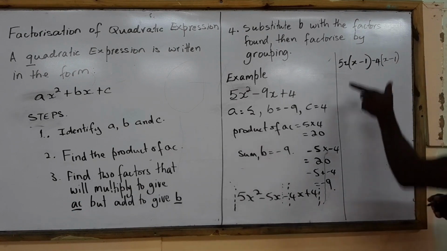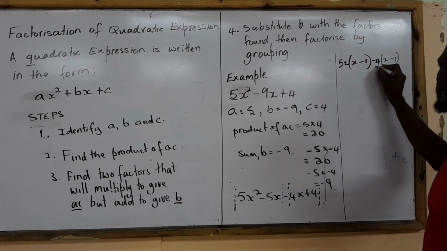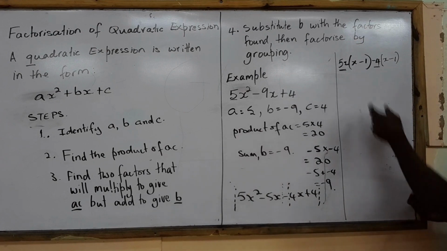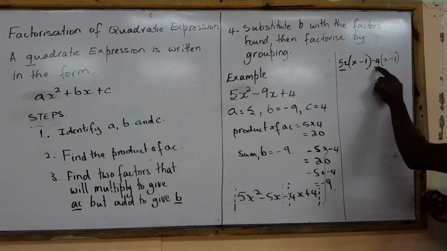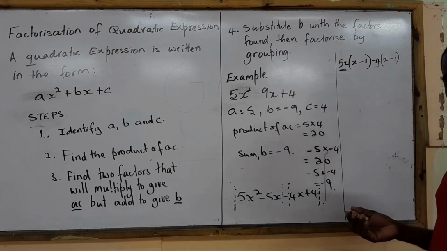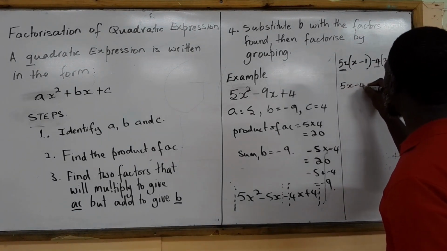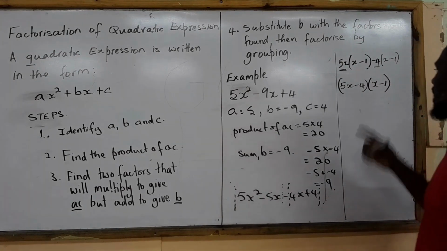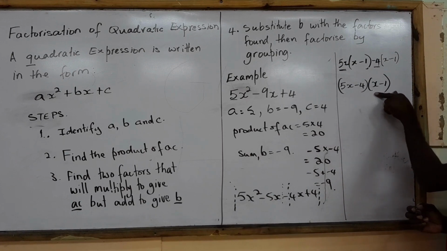So here now what we can do is to simply take the negative 4 and the 5x and group them, because if 5x is multiplied by x minus 1 and negative 4 is multiplied by x minus 1, then both of them are multiplied by x minus 1. So we could say 5x minus 4 multiplied by x minus 1, and here we have two binomial terms, right?